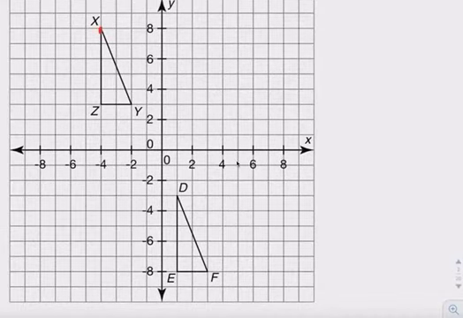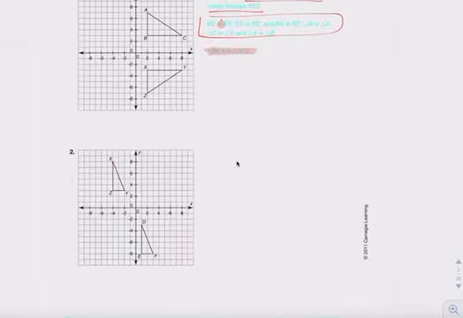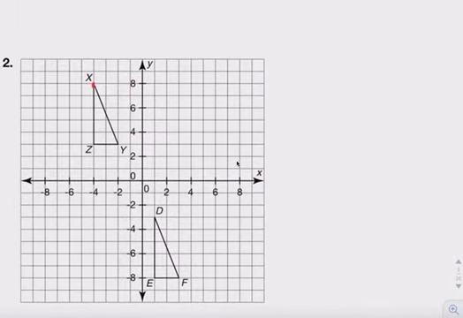So let's see how they get X to D. X translates to D. Corresponding angles is D. Count 1, 2, 3, 4, 5, 6, 7, 8, 9, 10, 11, then 11 down. 1, 2, 3, 4, 5.